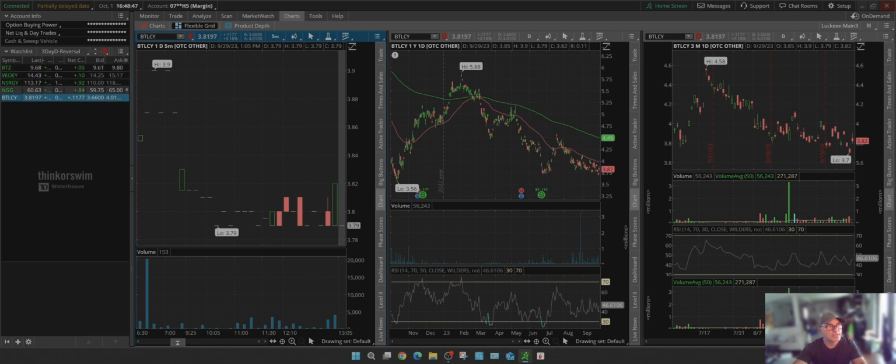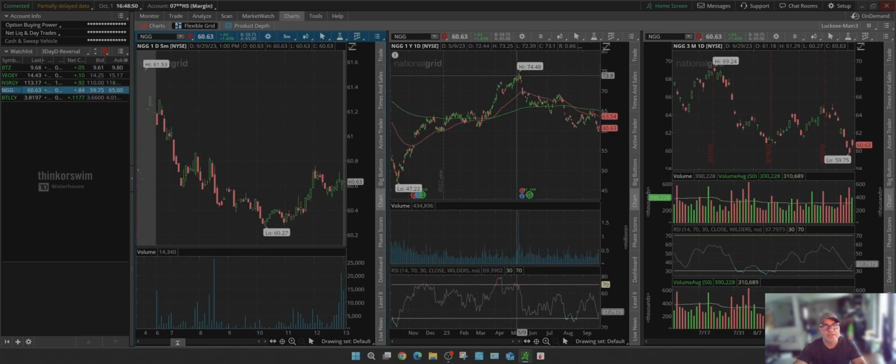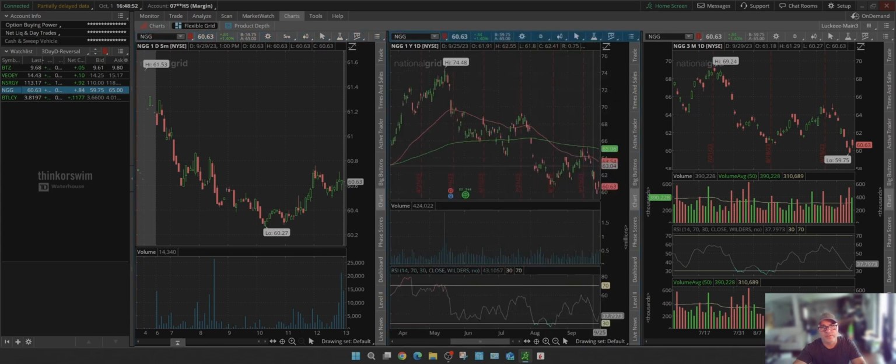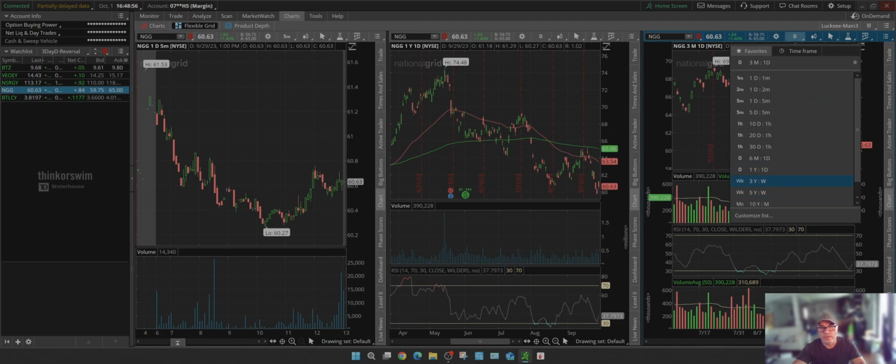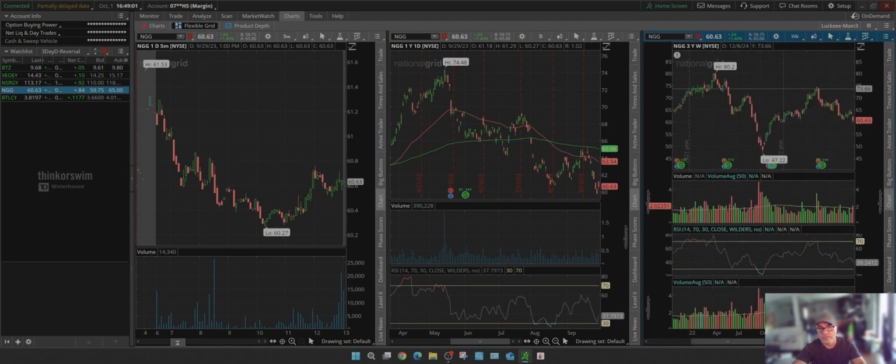As you can see, this scanner is showing us some sort of reversal here, and I'm going to show you. I like to also use the weekly to get some idea where we are at.